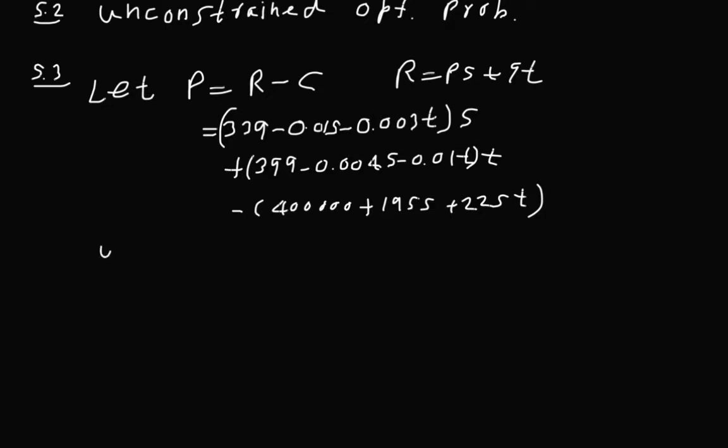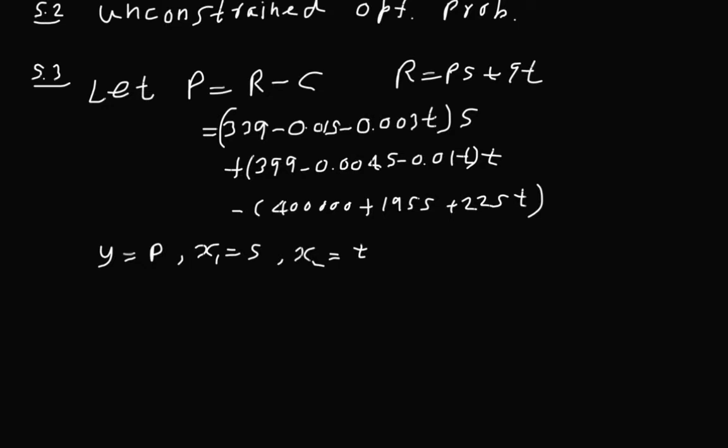Now let y equal P be the quantity we wish to maximize, and also I will use x1 equal S and x2 equal T. So these are the decision variables.